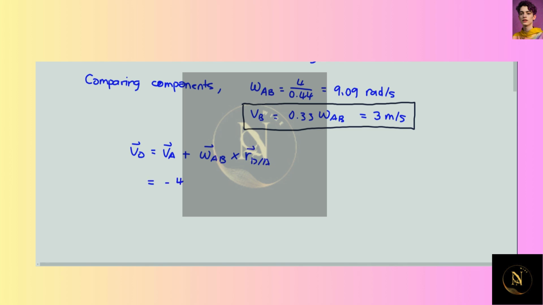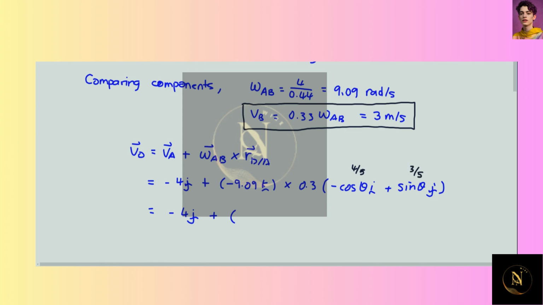So this is equal to minus 4j plus minus 9.09 k cross 0.3 times minus cosine theta i plus sine theta j. Recall that cosine theta is 4/5 and sine theta is 3/5.